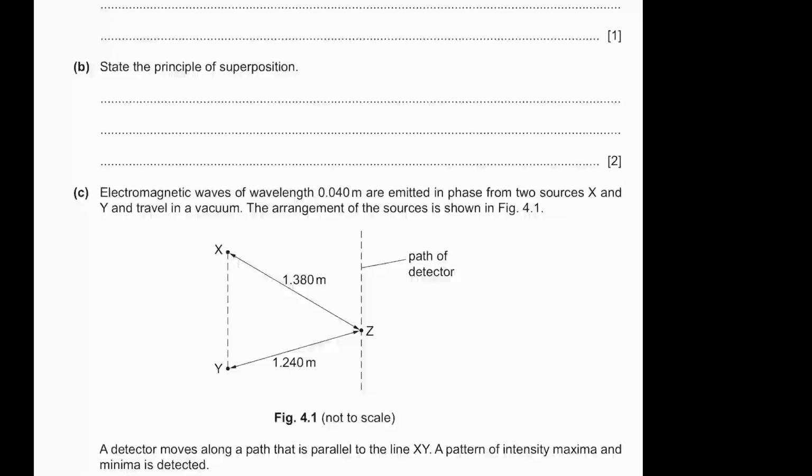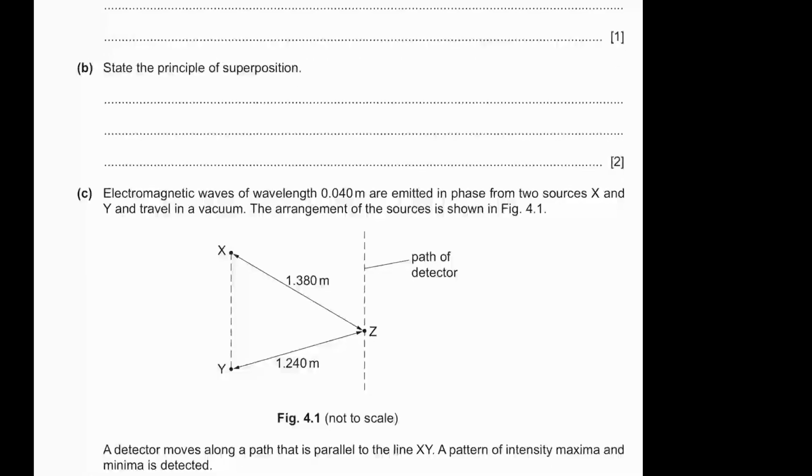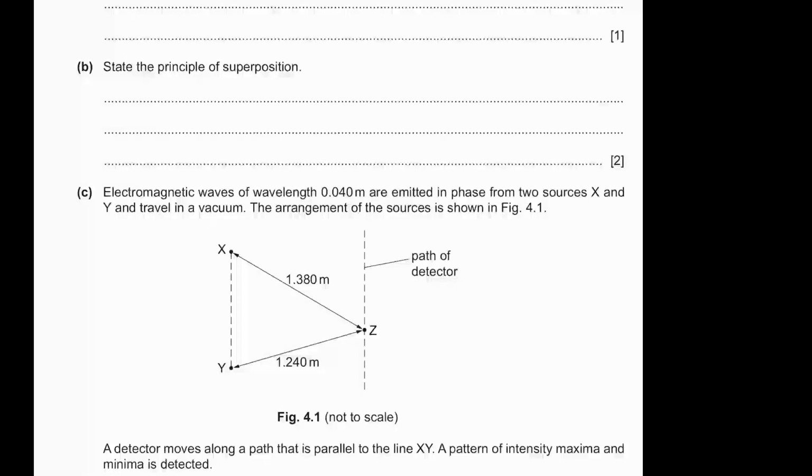The time taken for a particle to make a complete oscillation.